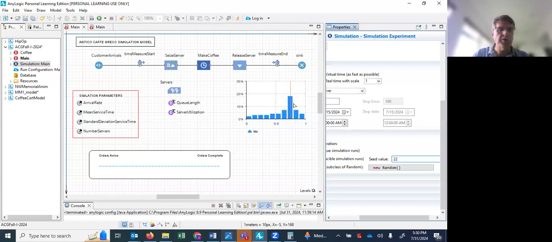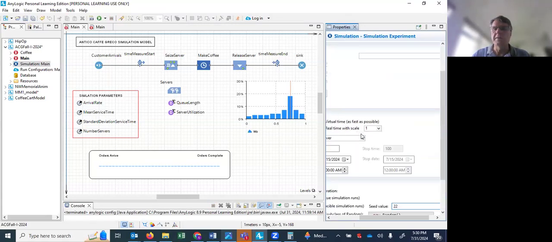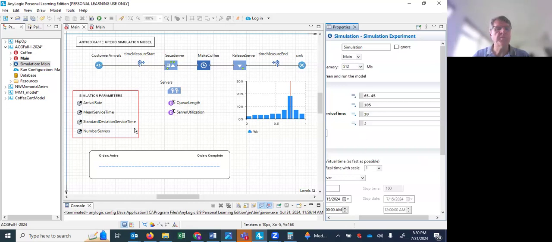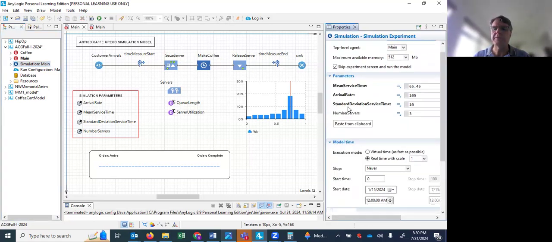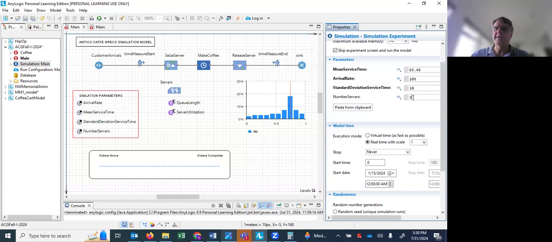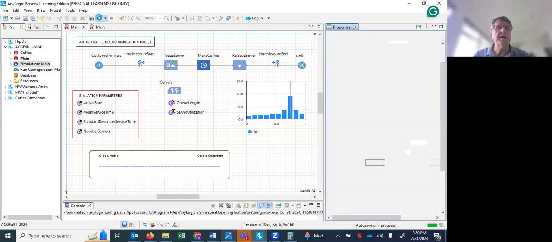Now, let's go and have a look at changing this, back to simulation main here. Just have to scroll back to where my parameters are. Let's have a look at, so we can analyze 4 baristas as we did initially. You can run that.